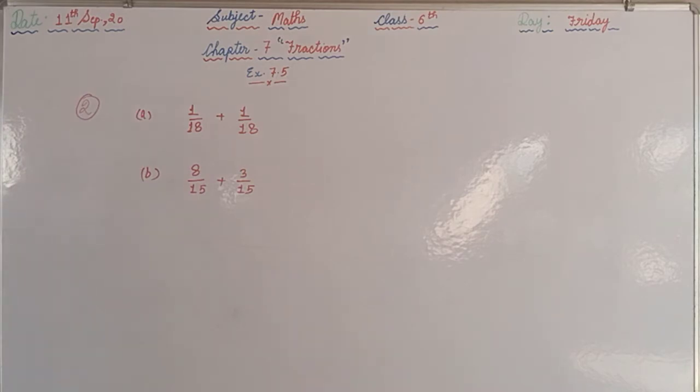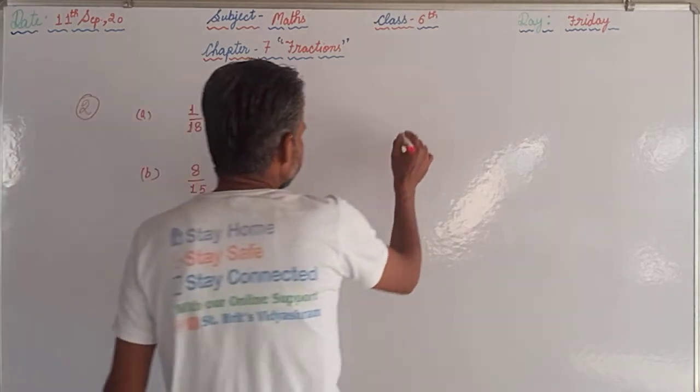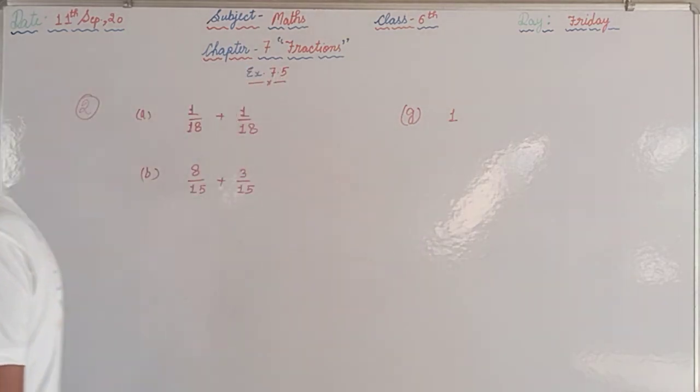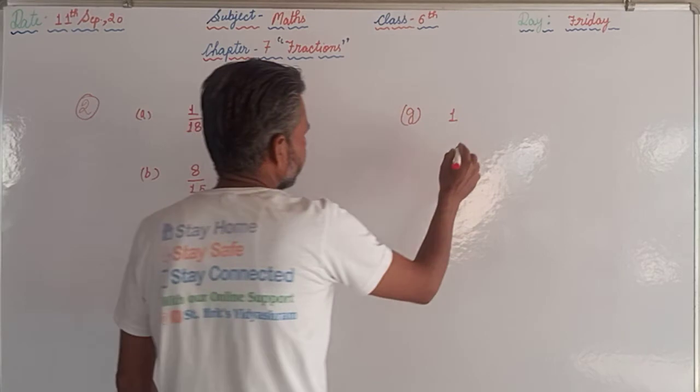In all the fractions, the fractions are like fractions except g. G is there, in which 1 is given, minus 2 upon 3.